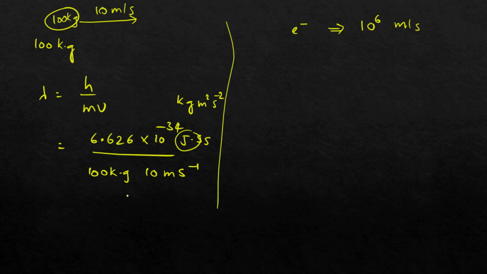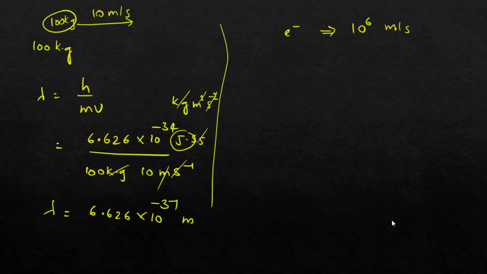That is nothing but joules. So kg gets cancelled, one meter gets cancelled, and seconds get cancelled, so you will get approximately 6.626 into 10 power minus 37 meters. That will be the lambda.